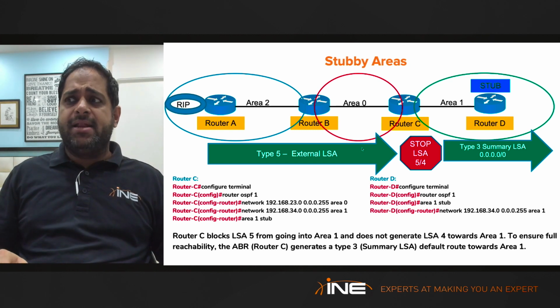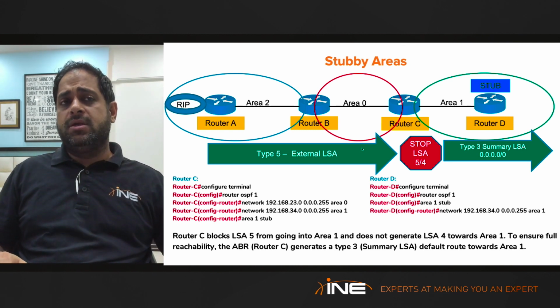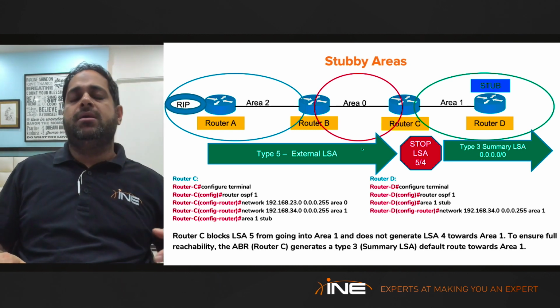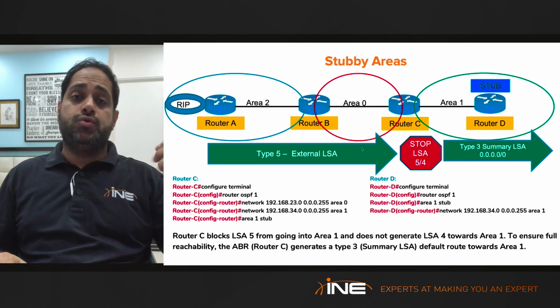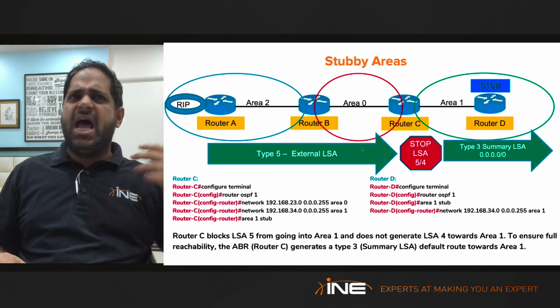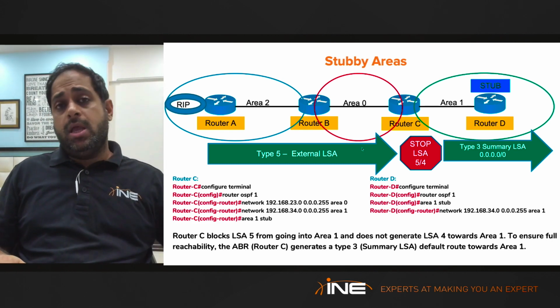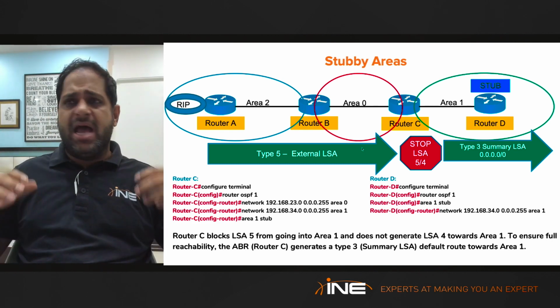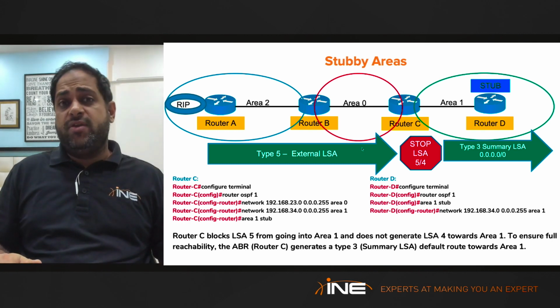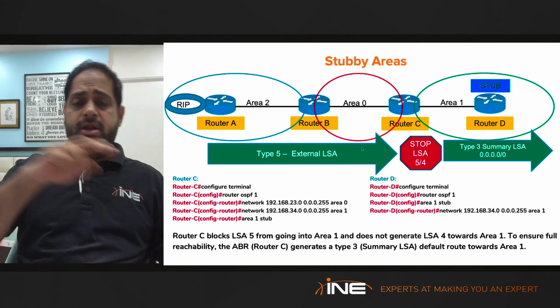Imagine if I had 50 routes from external BGP being redistributed into OSPF. Maybe I had 50 more RIP routes being redistributed in OSPF. Maybe I had 100 more routes of EIGRP being redistributed in OSPF.